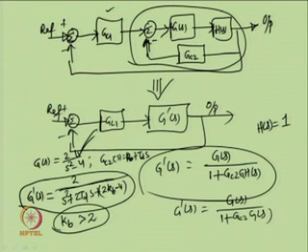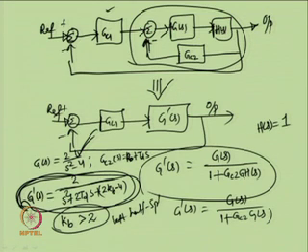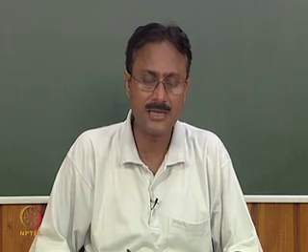So, the original process has a pole in the right half s plane. Now, the modified process G dash has both its poles located in the left half s plane, thus giving us a modified process convenient to control. That is the benefit we get from the series feedback compensation schemes.